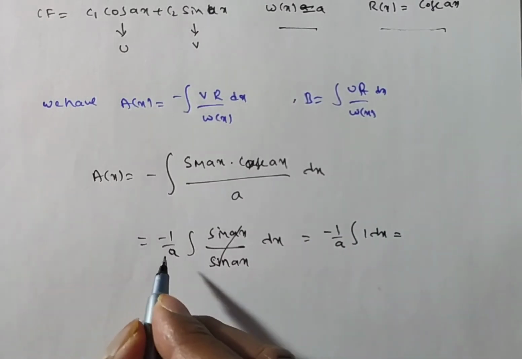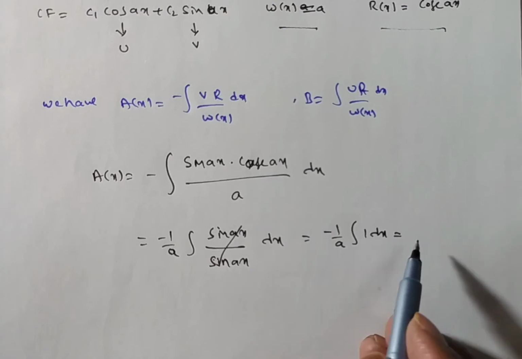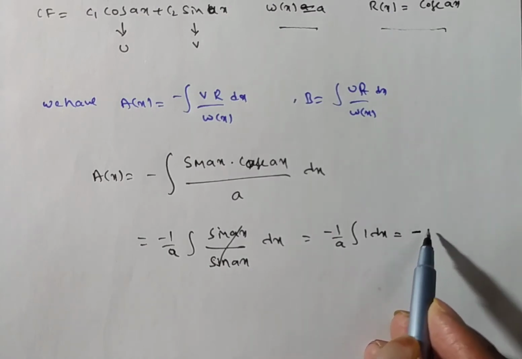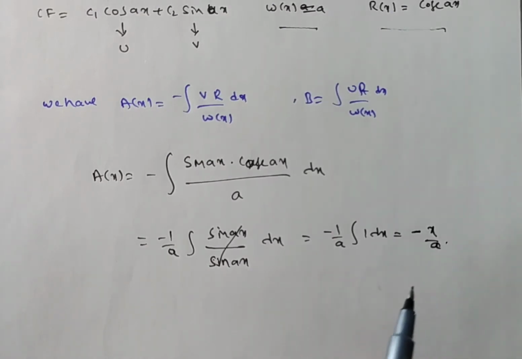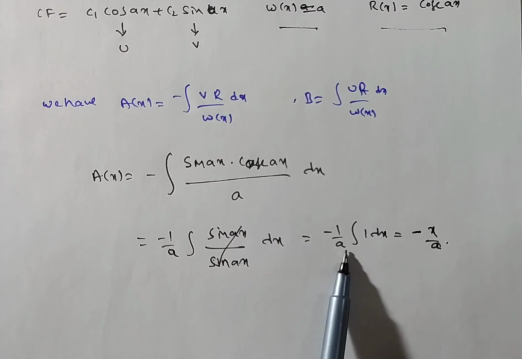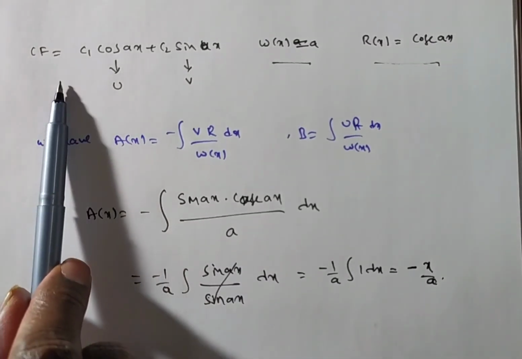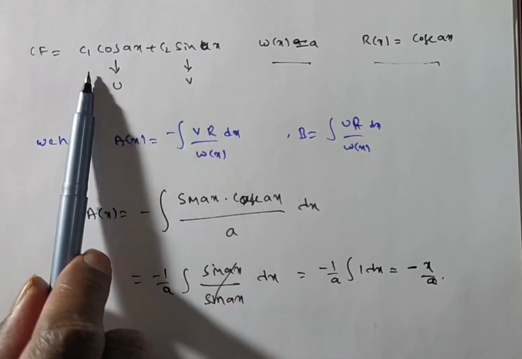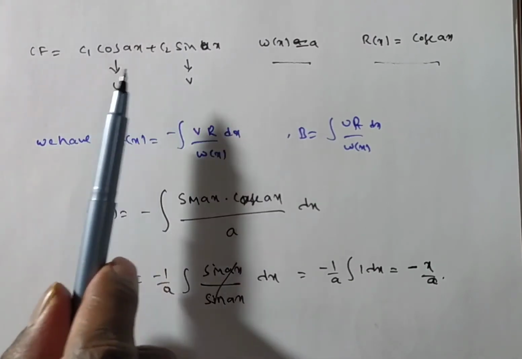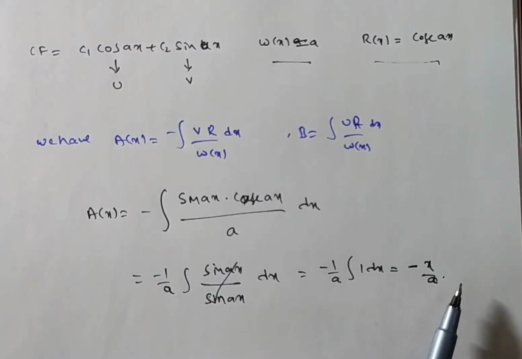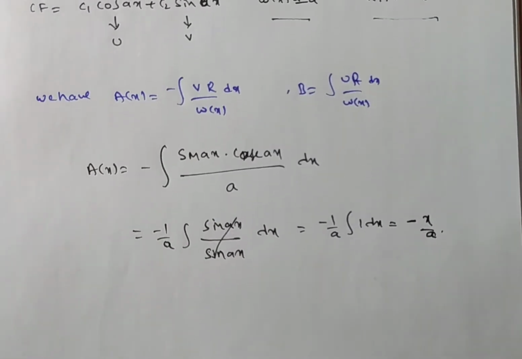So what is the integral of 1 with respect to x? With respect to x it is x. So you will have minus x by a. Friends, here you see you won't get plus c, because even though it is an indefinite integral, in the complementary function we have c1 and c2 as arbitrary constants. So we already got arbitrary constants, so no need to write plus c here. Clear? Next one, what do we need to find?